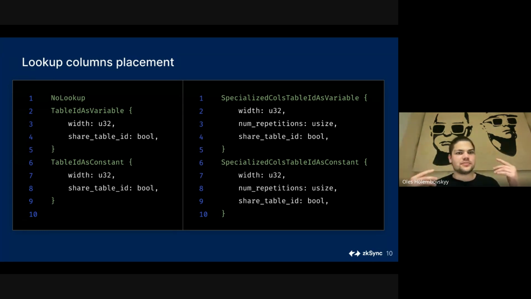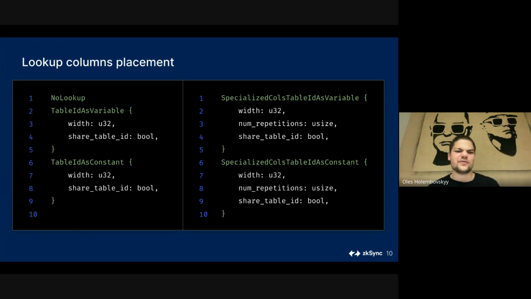But actually you can say, I want a lot of lookup columns, but only one table ID. In this case, all your lookup columns will share one table ID, and it means that on one row, only one lookup table would be available.